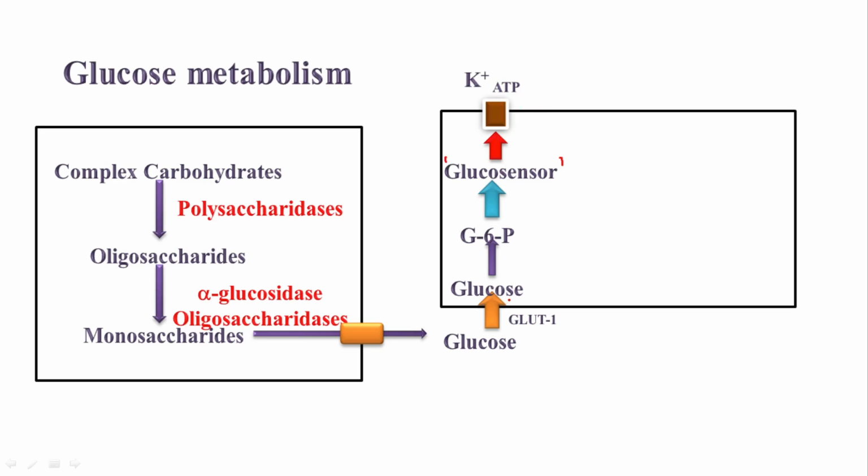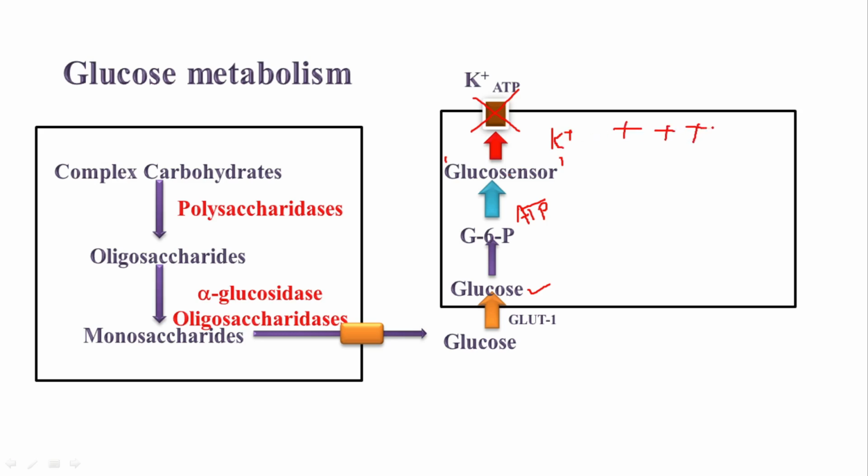So what I meant to say was, when glucose enters into the beta cell of islets of Langerhans, it undergoes metabolism, ATP is produced. This ATP is sensed by the glucose sensor. The glucose sensor inhibits the potassium ATP channel. When this happens, potassium no longer goes out of the cell. If potassium does not go out of the cell, it remains inside, which means positivity remains inside the cell, right?